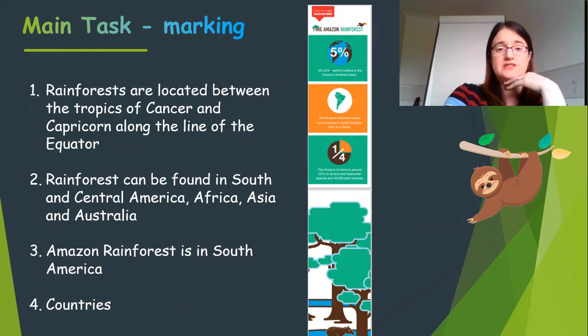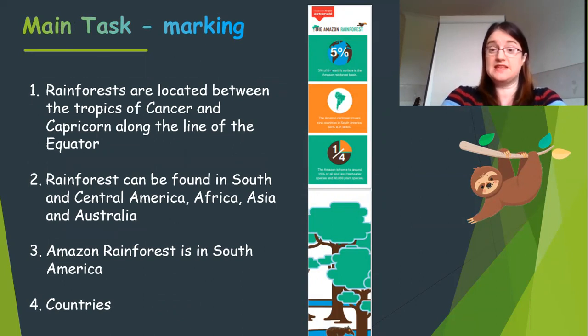On your general rainforest side, you might have talked about South and Central America, Africa, Asia and Australia, the continents where we can find rainforests. Hopefully on your Amazon rainforest side, you've mentioned South America because that's where the Amazon rainforest is. And then perhaps you've talked about Brazil and some of the other countries that the rainforest is in.